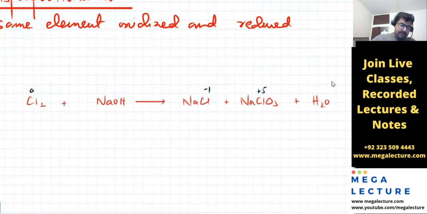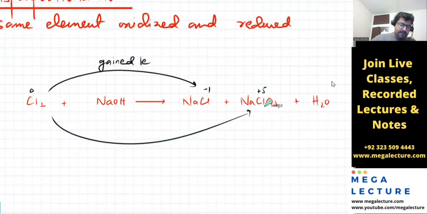So you've got this reaction. Cl is the one that goes from 0 to -1, so that means it has gained 1 electron. And Cl goes from 0 all the way to +5, so that means it has lost a total of 5 electrons.